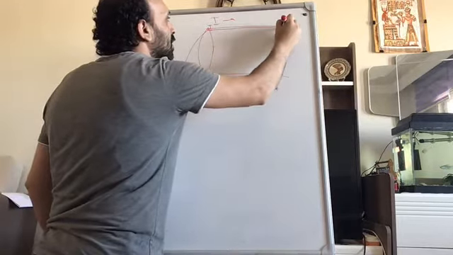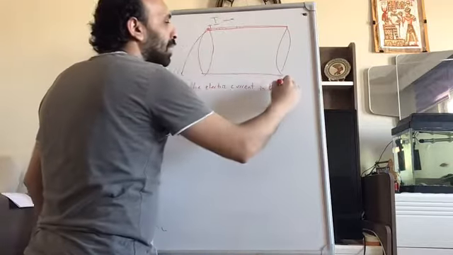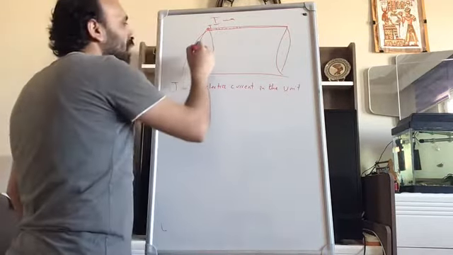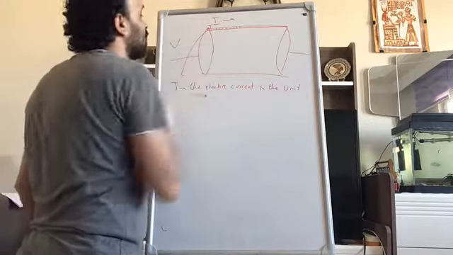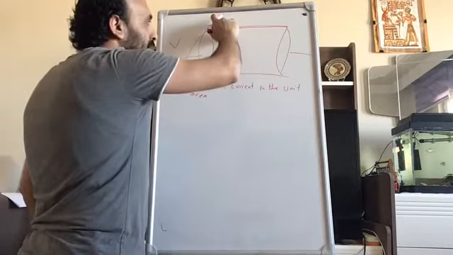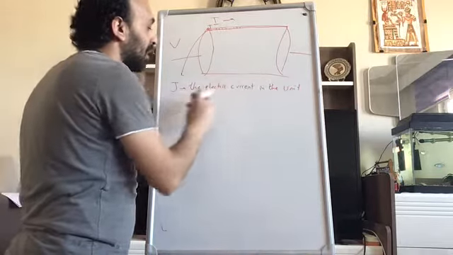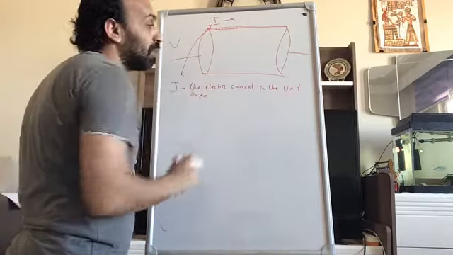This is, let's say, the unit area. When we apply a potential difference between two ends of this wire, the electrons will start moving, so we are going to observe the electric current, and I define J as the electric current density, in other words, the electric current in the unit area.